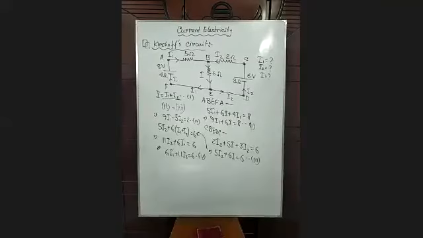I1 is 0.403. Okay, if I1 is 0.403, then you can also get the value of I2. Solve it. 0.403 is the right answer for I1. Yes, all of you are correct. Now solve it for I2.